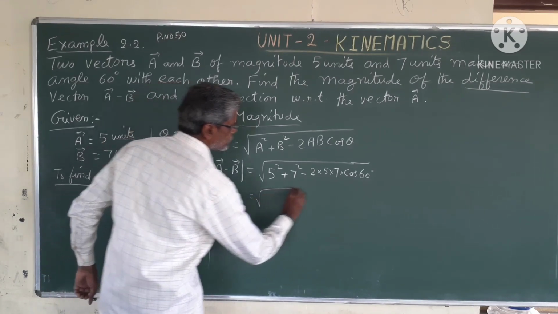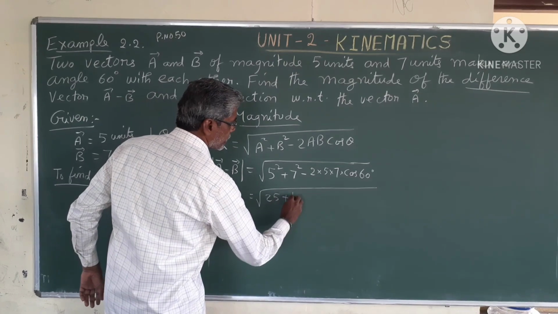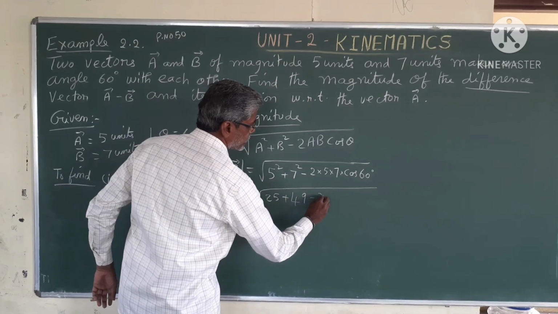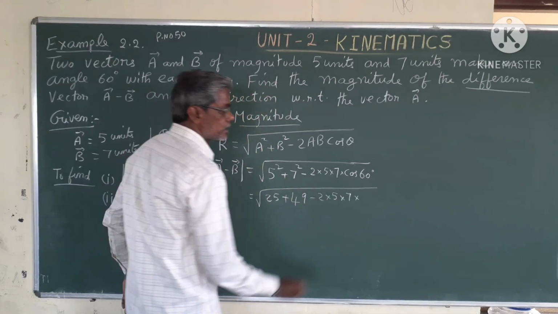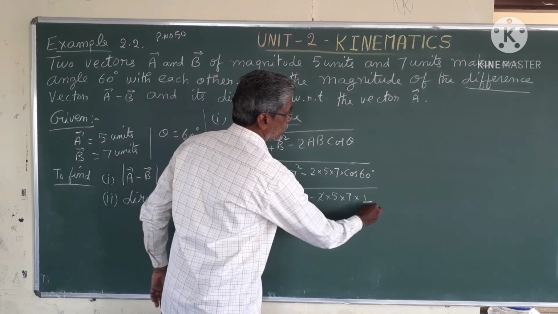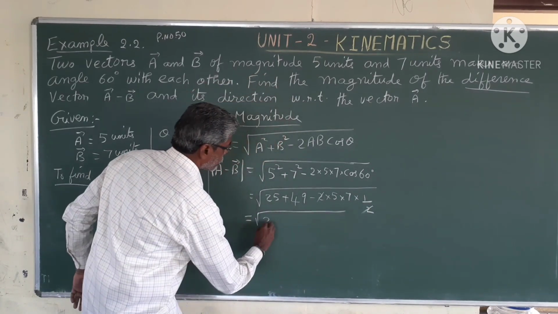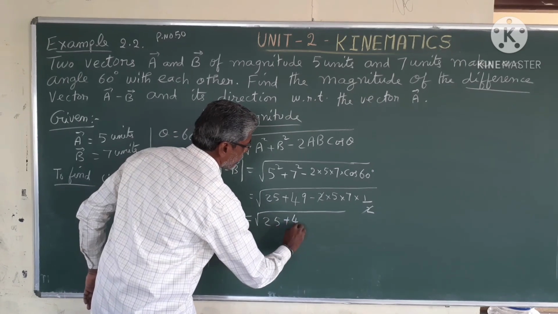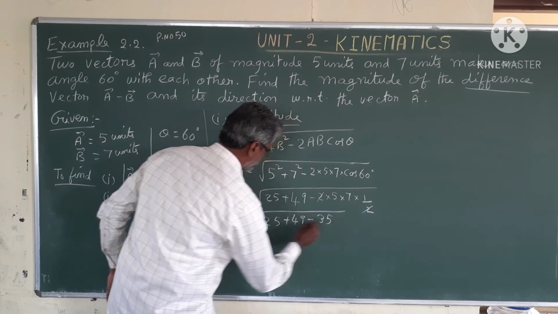So 5 square 25, 7 square 49 minus 2 into 5 into 7 into cos 60, the value is 1 by 2. So this 2 and 2 will be cancelled. So I can write it as 25 plus 49 minus 35.